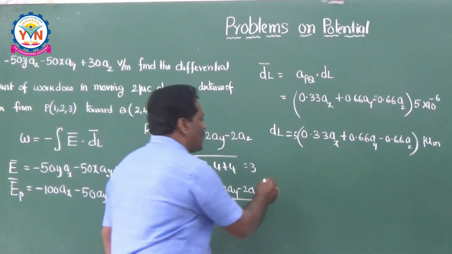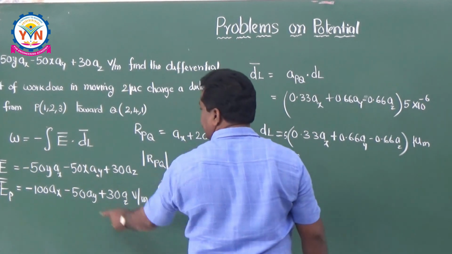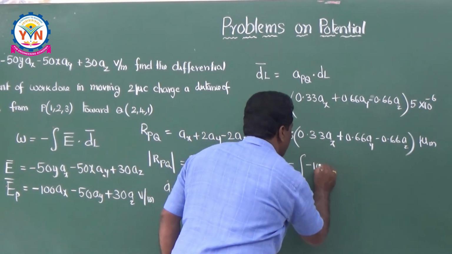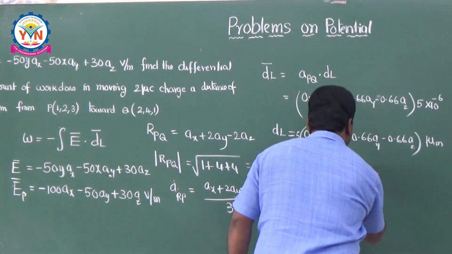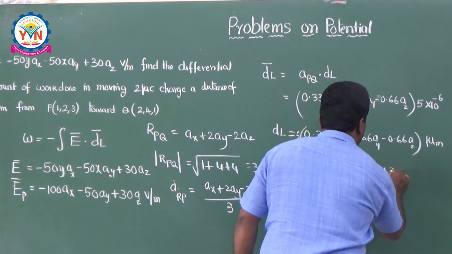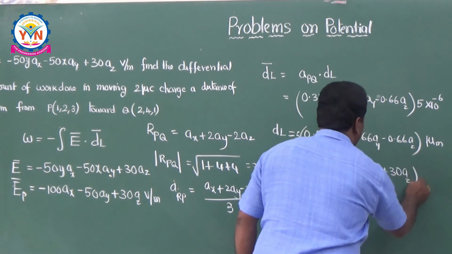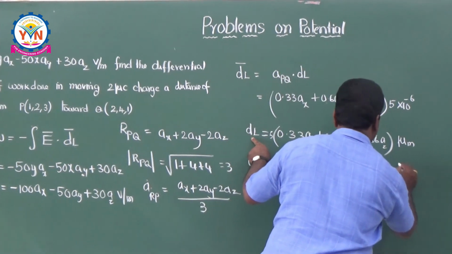Therefore, work done is equal to minus integral. What is E here? Minus 100 AX minus 50 AY plus 30 AZ dot the above parameter dl bar. Okay.